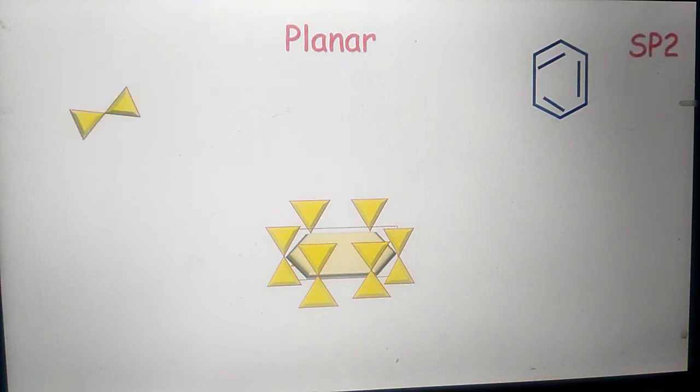If one p orbital is present at 90 degree to that of second p orbital, then it results in no overlap and it results in the formation of no pi bond. So any cyclic planar and conjugated ring which contain sp2 carbon atom show aromatic character.